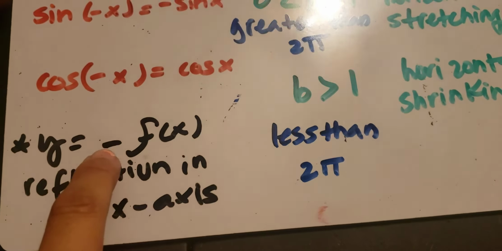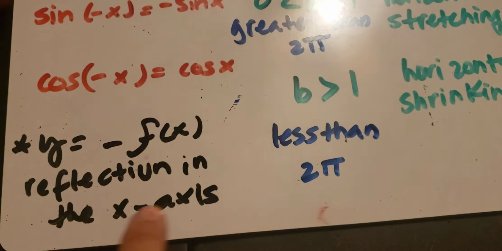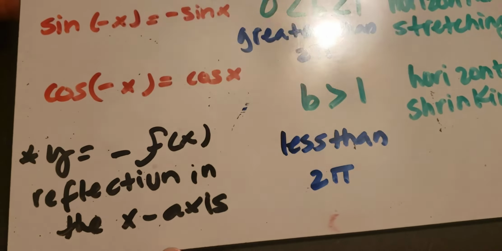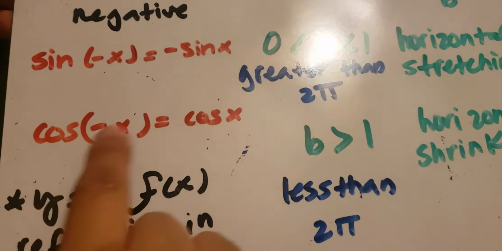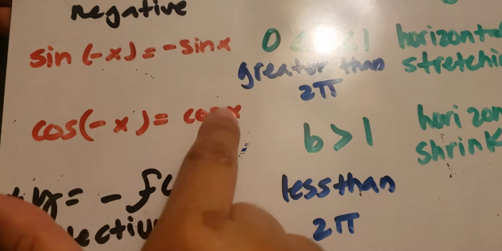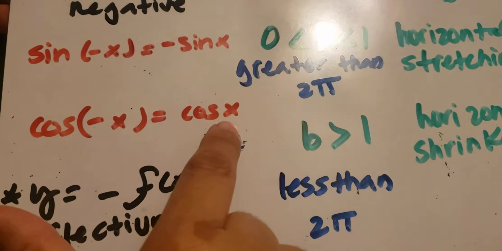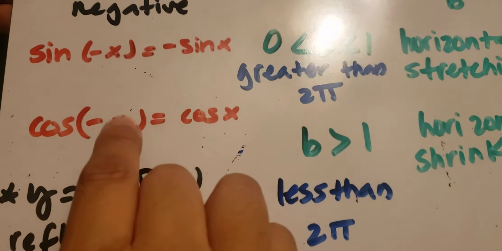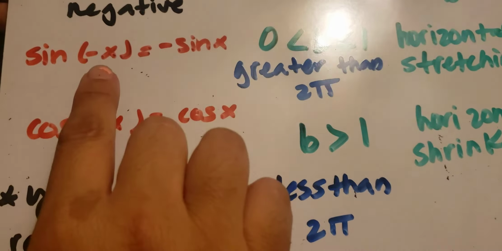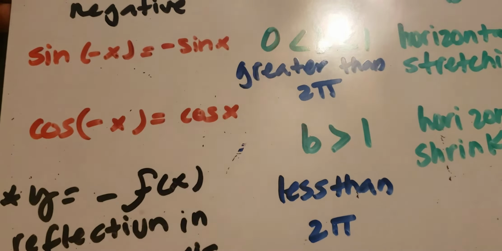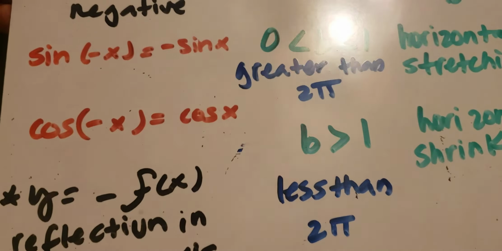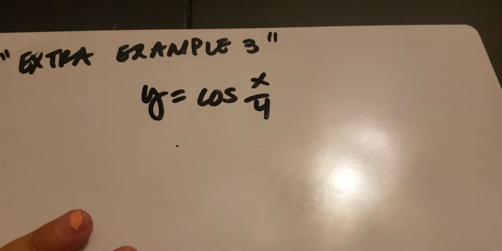So if the negative is in front of your function, it'll be a reflection in the x-axis. But what happens when your b is negative with cosine? It doesn't make any difference. It's the same as writing it as cosine of x. So it still remains positive. Okay, so just remember that. So you're going to have two different scenarios. And the only one that it really affects is the sign.